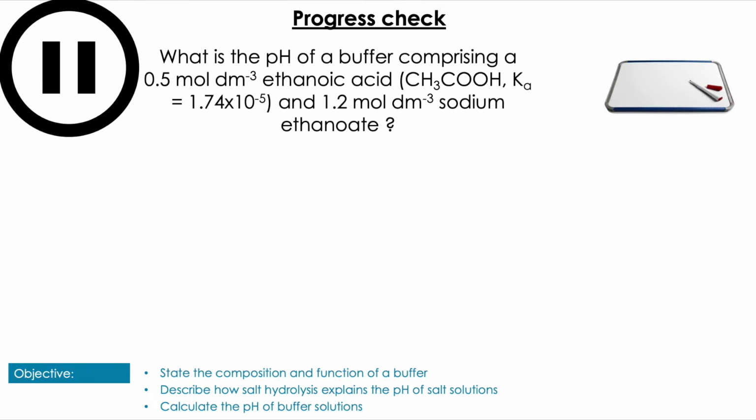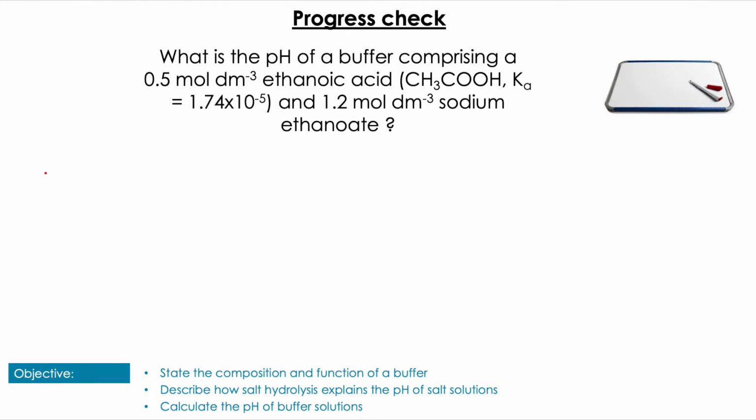Okay, so we're using the same expression for Ka that we used in the previous question, and we're just plugging in our values. 1.74 times 10 to the minus 5 is going to equal the concentration of our ethanoate ion from the sodium ethanoate, so that's 1.2, multiplied by the concentration of H+, which is what we're looking for, divided by the concentration of ethanoic acid given in the question, which is 0.5.